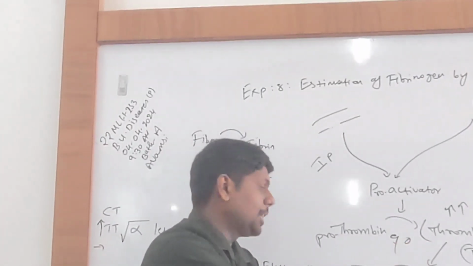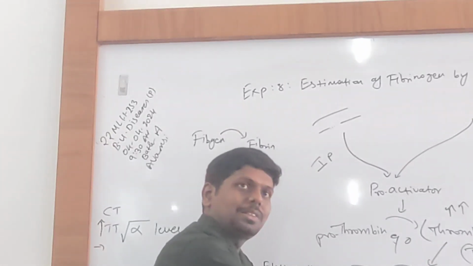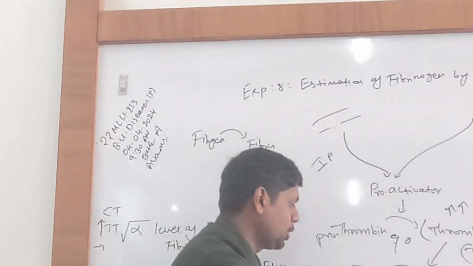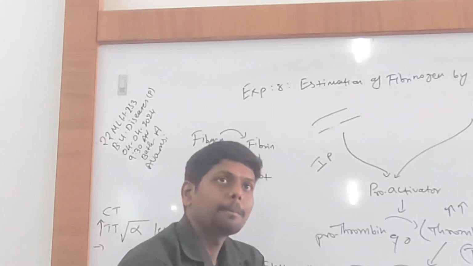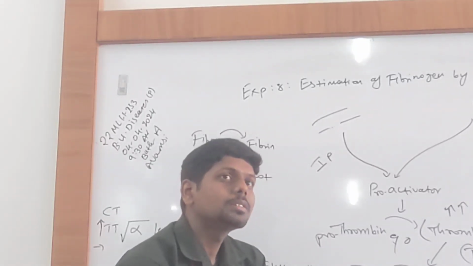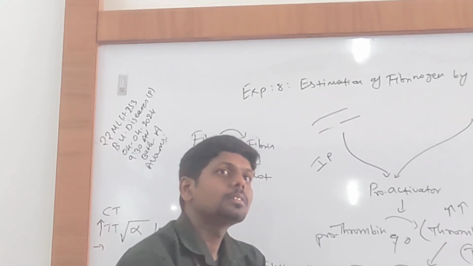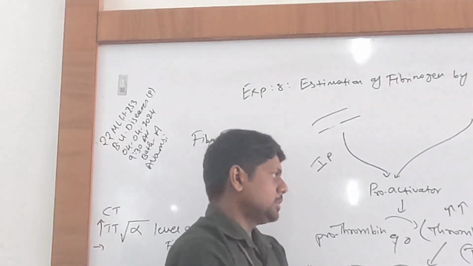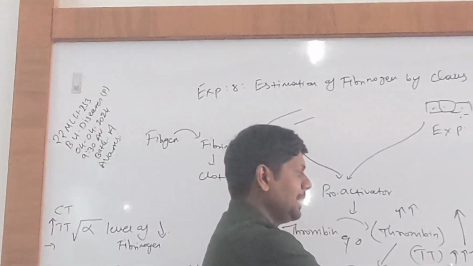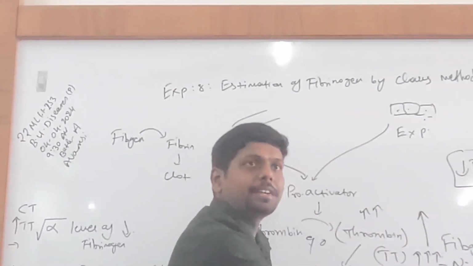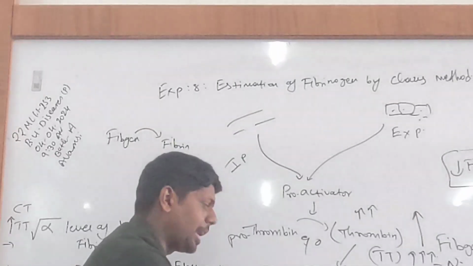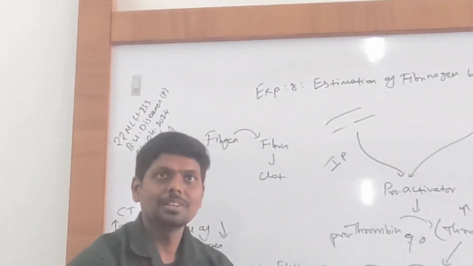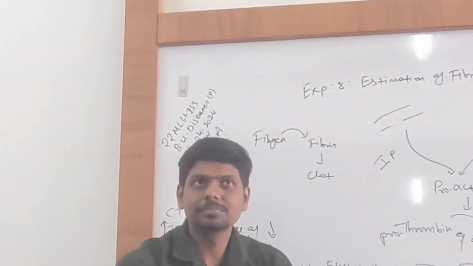The ratio is altered because this one reduced, less than 200. One is reduced, the other is also affected. So when I measure this one, definitely they are connected. This level will be increased in decreased fibrinogen condition. That is the idea of the test.